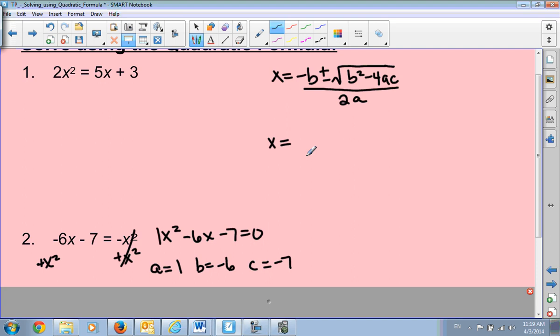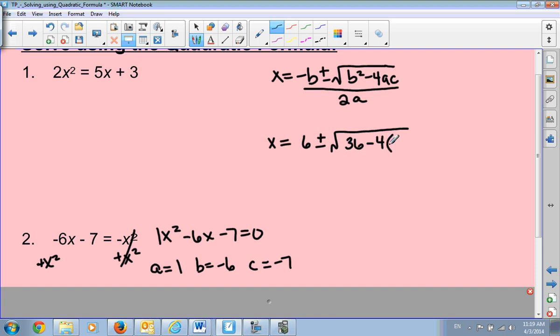Negative b is positive 6 because our b is negative 6. Plus or minus the square root of, what is negative 6 squared? Always, always, always a negative number squared will be positive, because a negative times a negative is a positive. So negative 6 times negative 6 is 36.